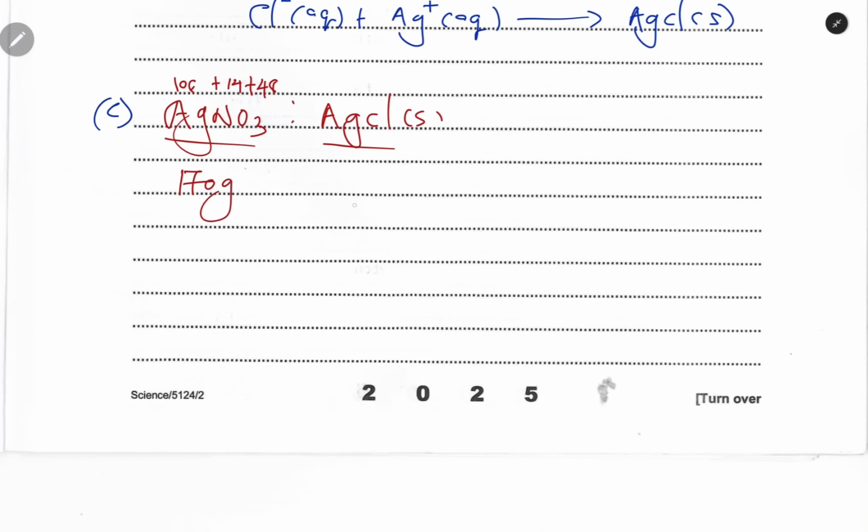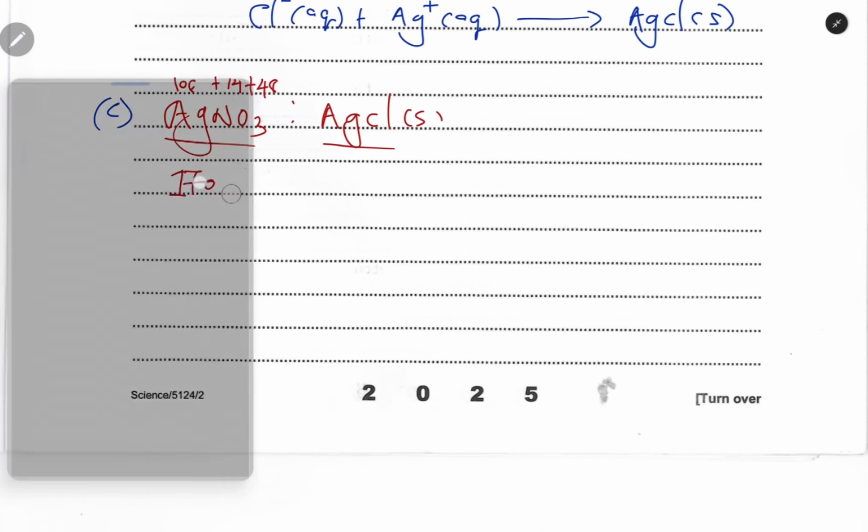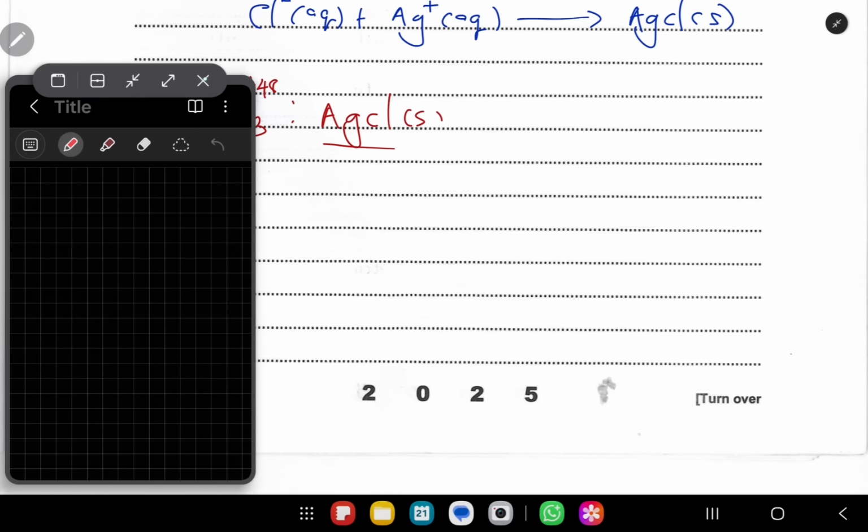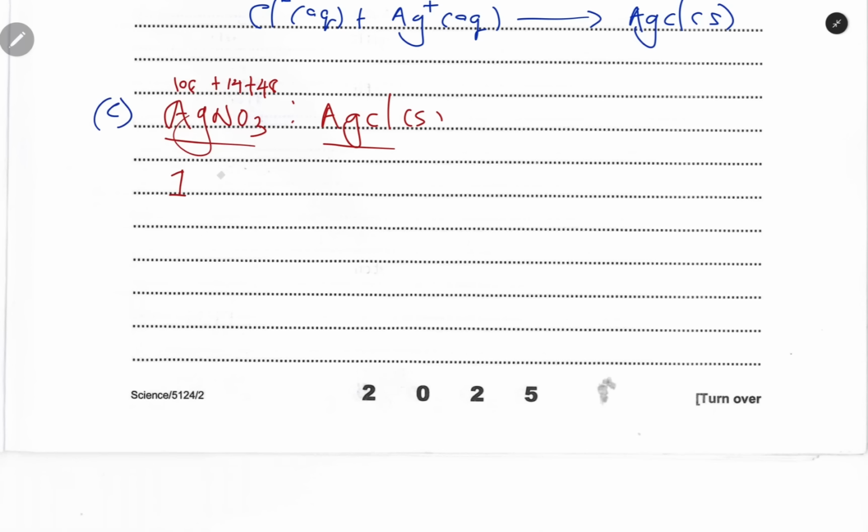Confirm as you are going through. So this is 170. Some of you might be asking where we are getting 170. 170 is just the molar mass of silver nitrate: silver has a mass of 108, nitrogen has 14, oxygen, there are 3 of them, 48. So we have 170 gram of silver nitrate.